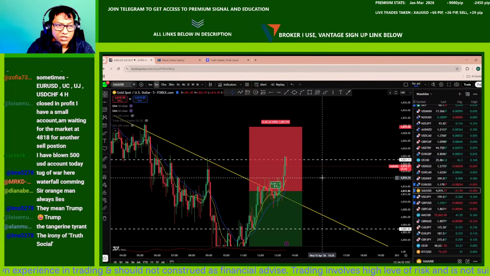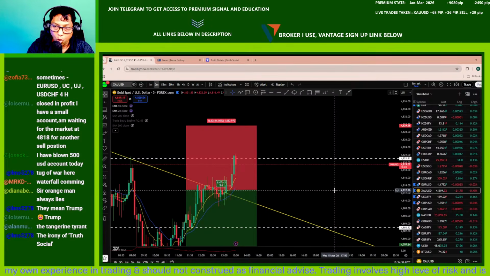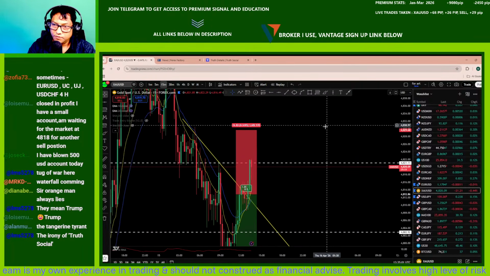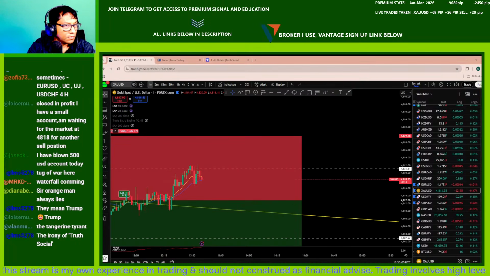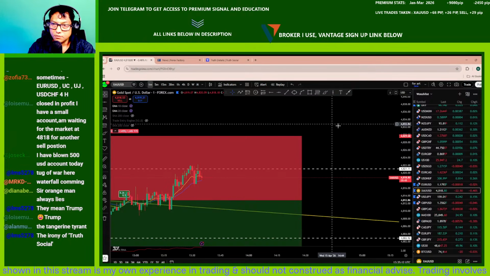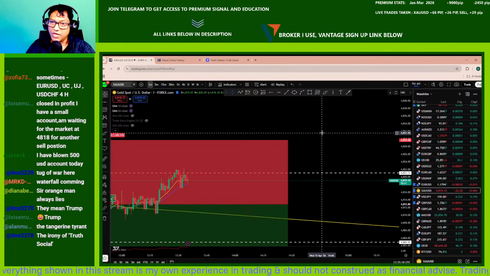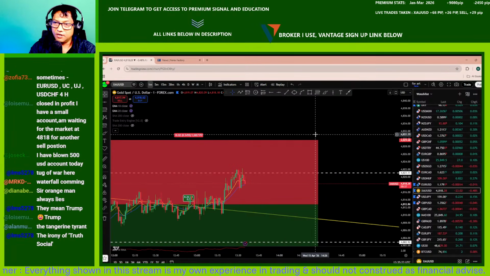If that rejection continues, you might see the price eventually go lower, back below to this support area. So we are progressing towards the NY session, where we might see some further move.